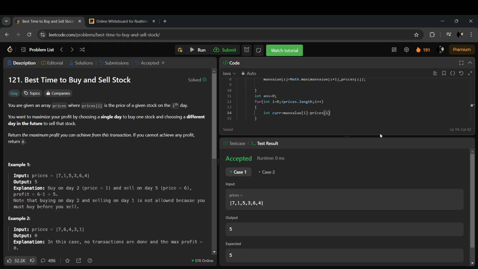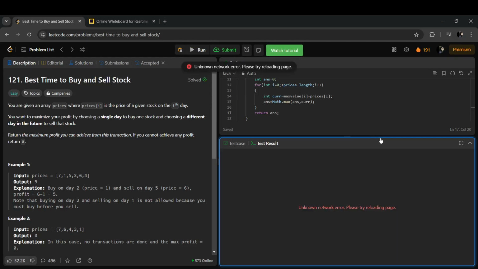You have to calculate the maximum, so I'm subtracting the prices from the maximum. Now you can just do Math.max of your answer with current and this will give you the answer. So just return the answer and let's run the code.